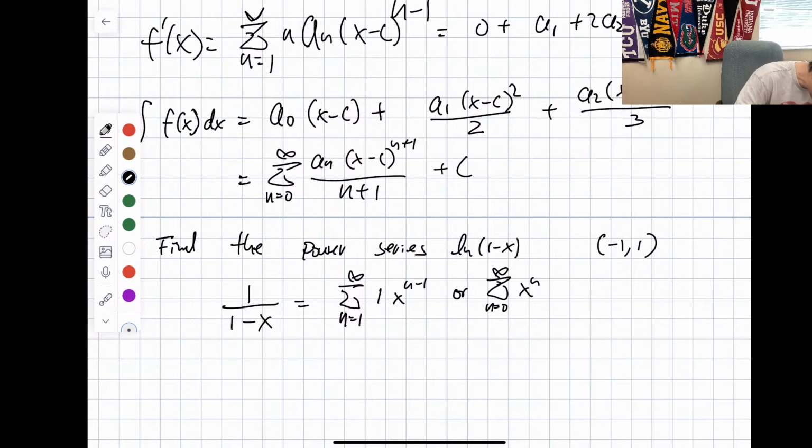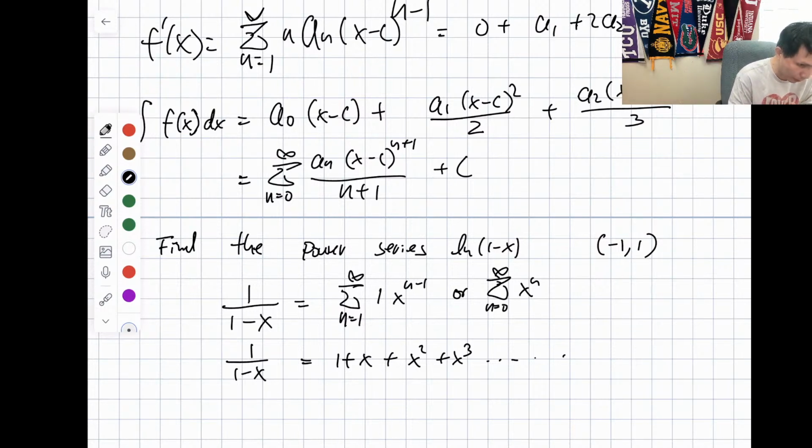So that basically is equal to 1 plus x plus x squared plus x cubed, dot dot dot, which is 1 over 1 minus x. This function f of x is represented by this power series within the interval -1 to 1.